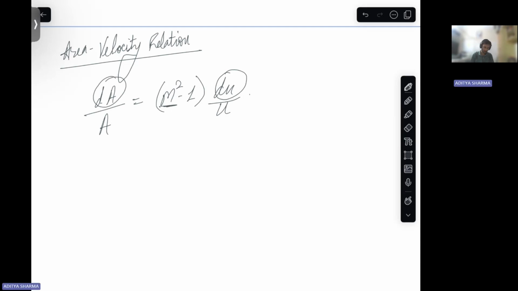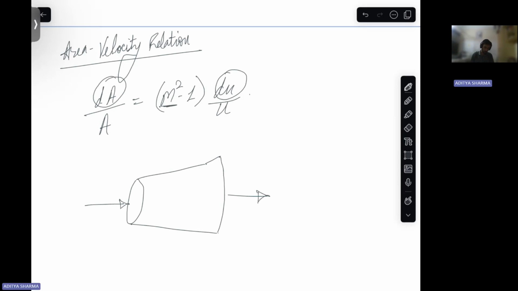This basically says that, let's say we have some duct in which air or some fluid is flowing.